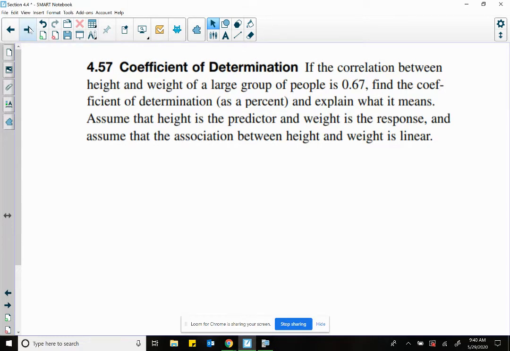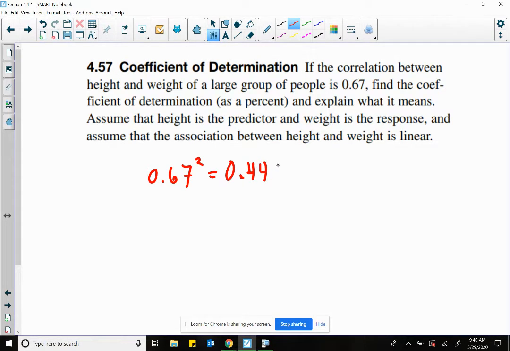And when you square this number, this is what the calculator gives you. So 0.67 squared is equal to 0.4489. Let's round to the nearest percent.